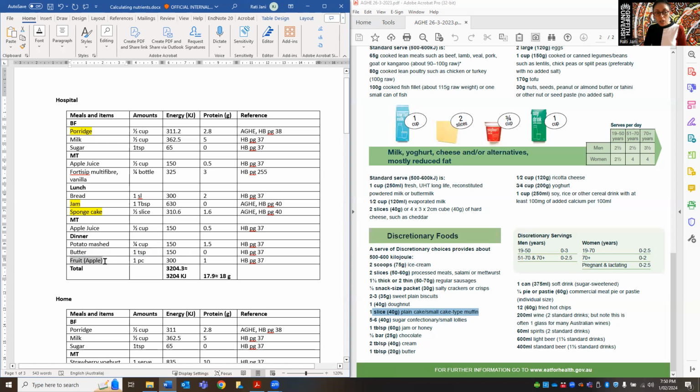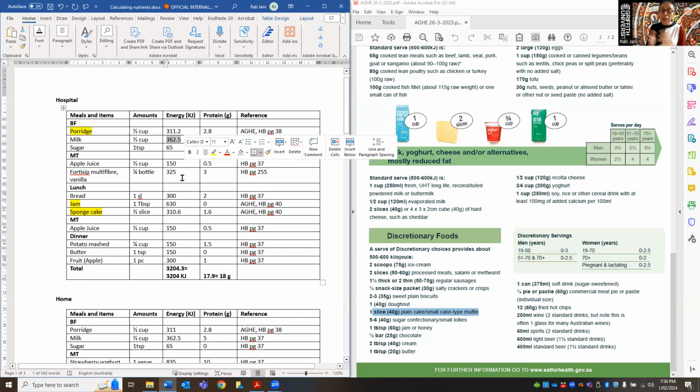Fruit: the patient is having an apple, 1 piece. Is this in your quick ready reckoner? Yes, it is. For example, a medium-sized fruit such as apples and oranges. One piece gives you 300 kilojoules. That is how I got my answer. Then I add up everything. Do not round up numbers in between.